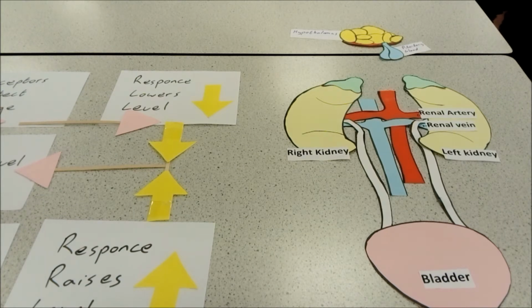So, if we start off looking at this, if the water content in your blood is too low, as detected in your hypothalamus, ADH is released by the pituitary gland into the blood. Right, ADH stands for antidiuretic hormone.